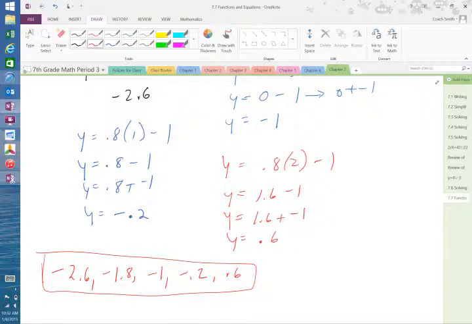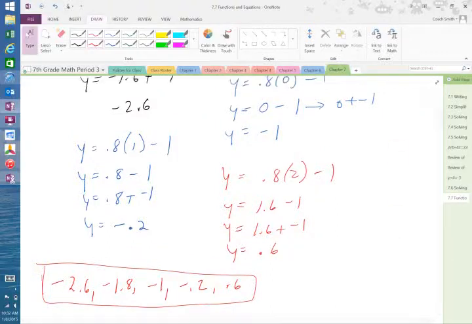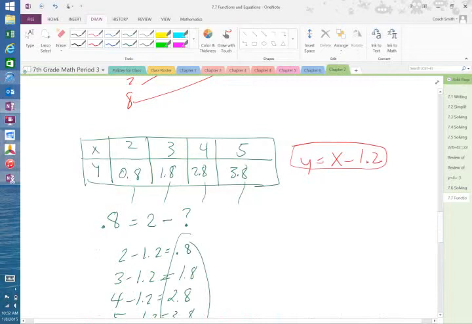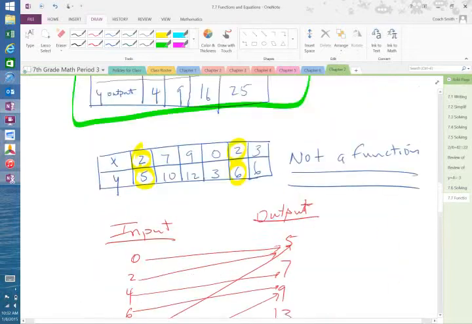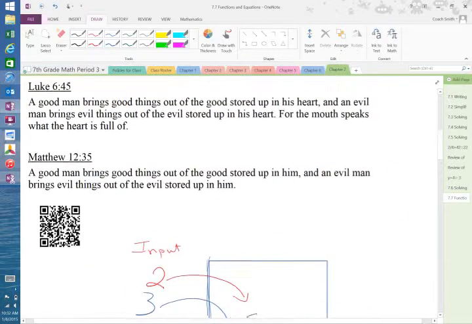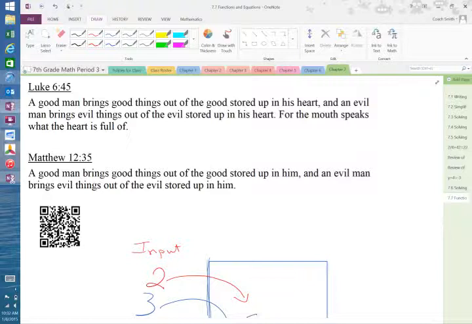Now, as we look back up here at our verses, Luke 6:45 says, a good man brings good things out of the good stored up in his heart. An evil man brings evil things out of the evil stored up in his heart.